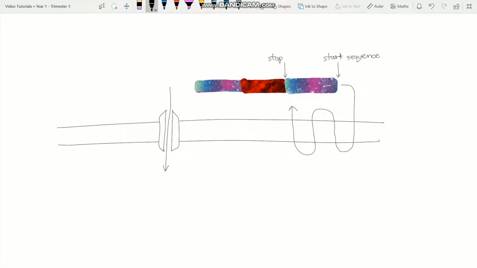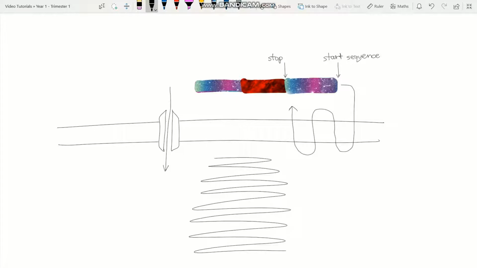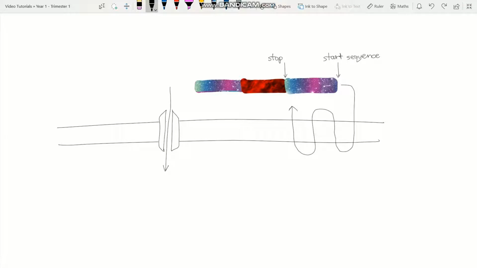This is because the amino acid sequence that has a water-fearing part does not want to enter the lumen of the rough endoplasmic reticulum. Once again, there will be now what's called an internal start sequence. And this process will continue on for however many stop and start sequences are required.